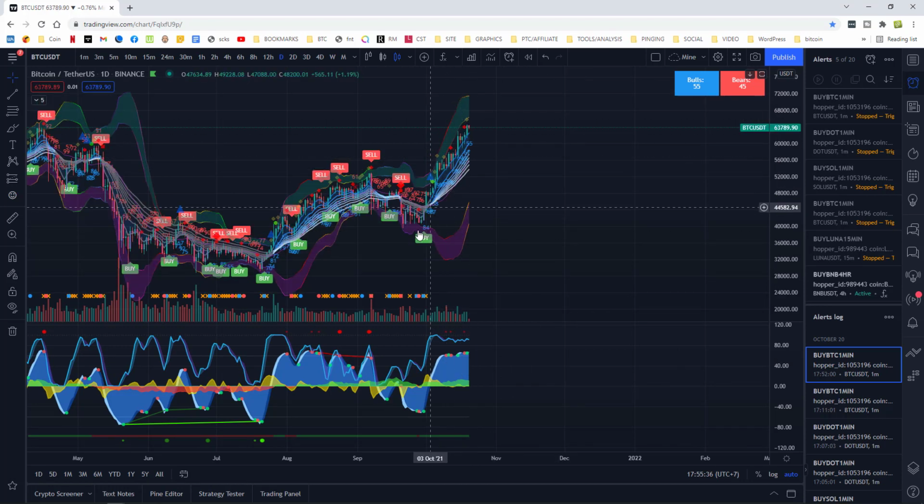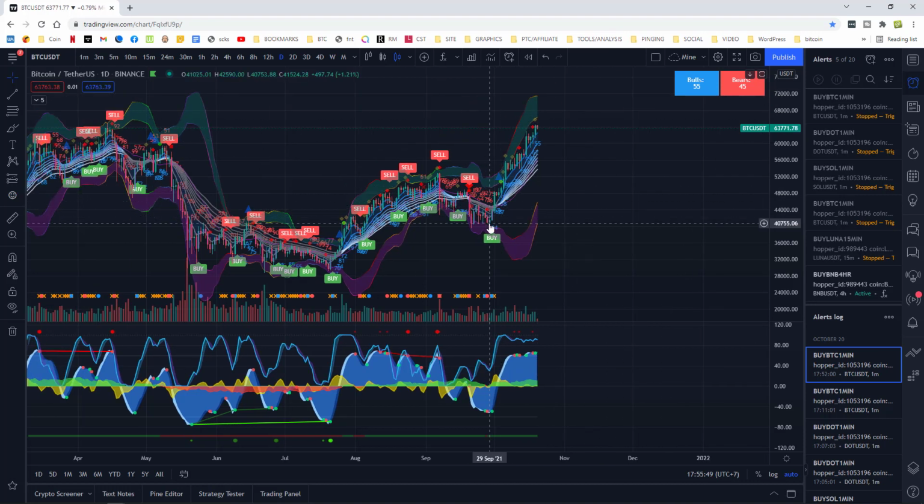Where's Bitcoin going? It's going up. Is it going to go to 65k this week? Probably. Are we still uptrending? I think so. You should do pretty well. Let's say you set up this strategy using the 1-day candles.